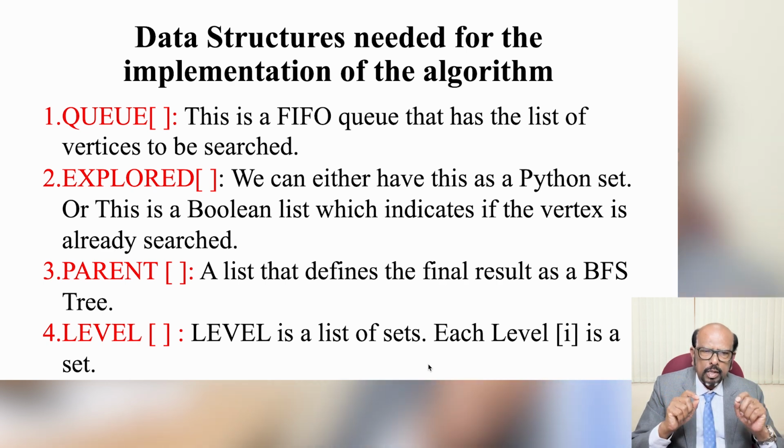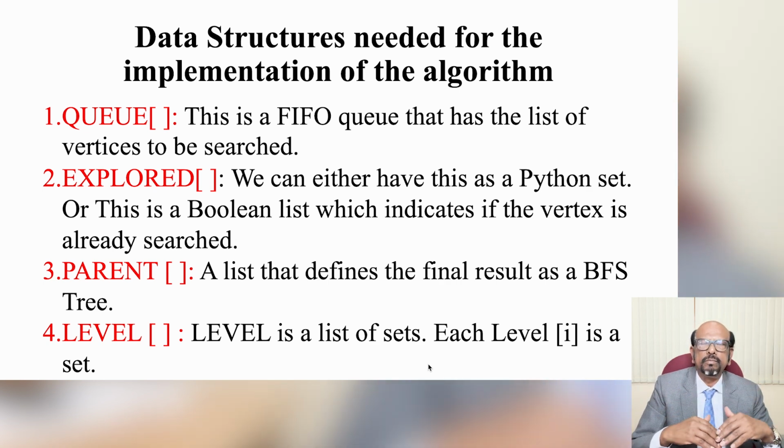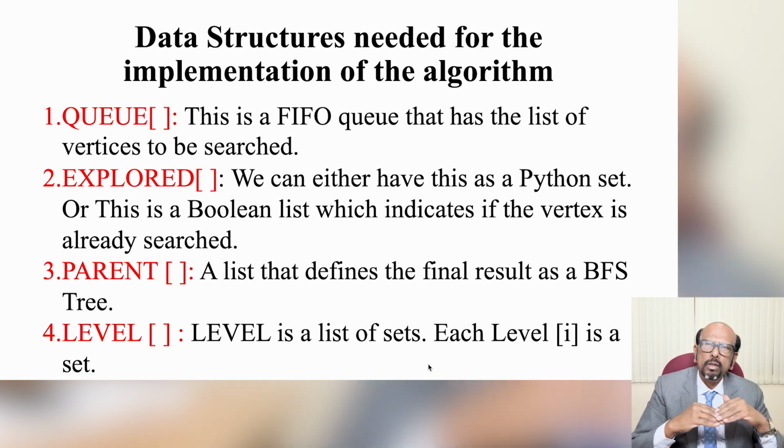So we will create a parent. Similarly, we are partitioning the nodes into various levels: nodes at level 0, nodes at level 1, nodes at level 2, and so on. So there are 4 important data structures we maintain: queue, explored, parent, and level.